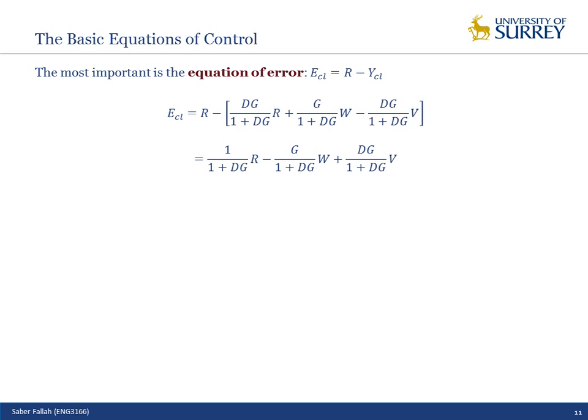If you change D to reject W, it will affect the response to R and V. If you want to reject the noise of the sensors, in order to make this one 0, you will affect the other inputs. How much? You need to evaluate it. There is usually conflict between these three inputs or three objectives. Is that clear? Clear?